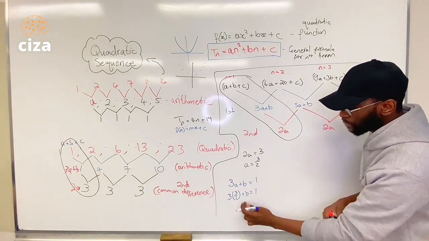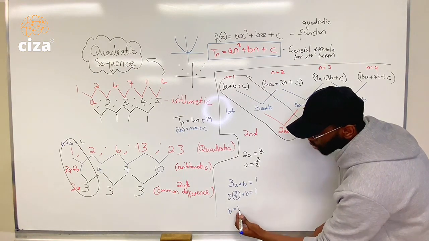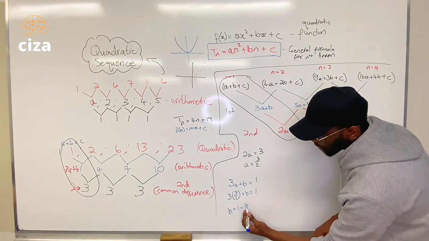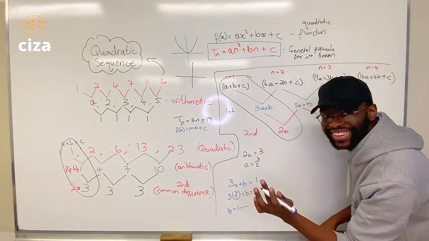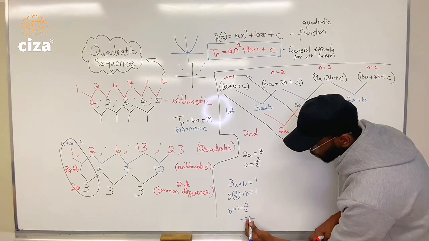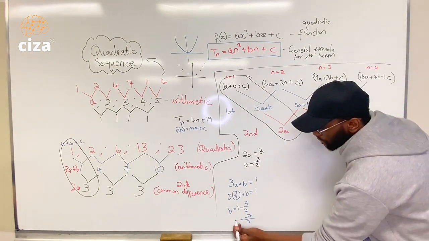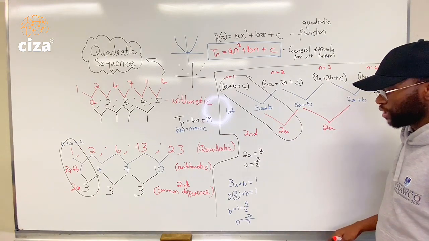We now make b subject of the formula. b will be equal to 1 minus 9 over 2, which is minus 7 over 2. Now, this is our value of b.